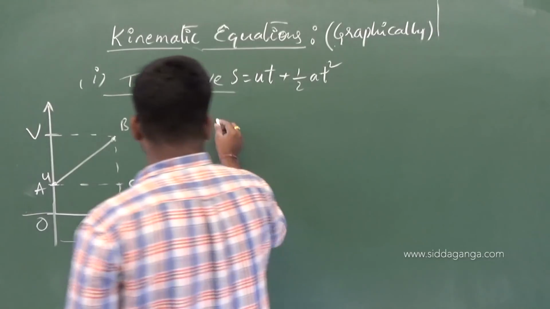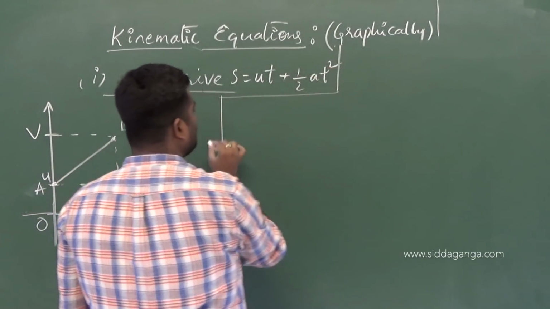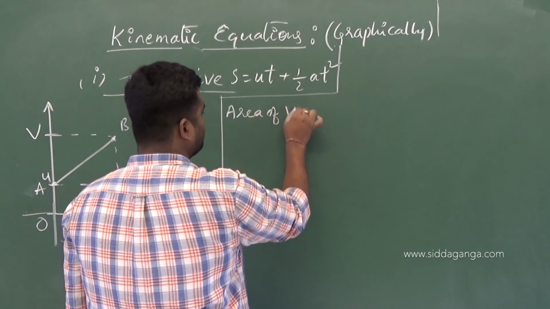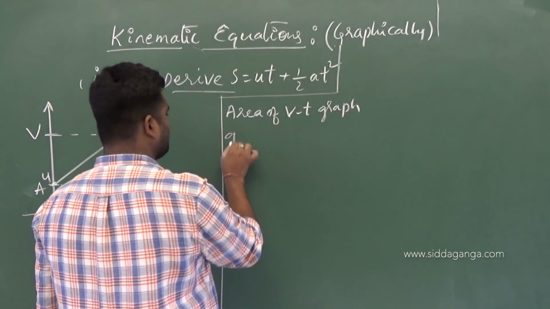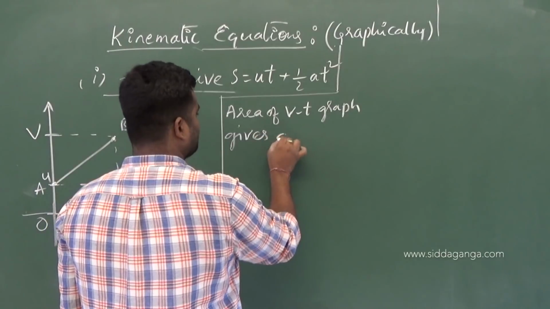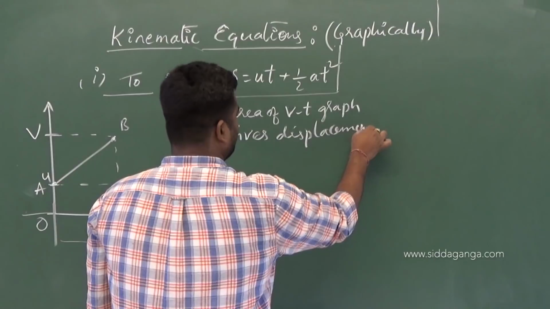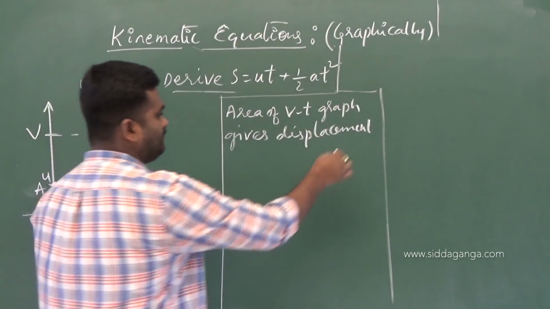So that is a crucial point which you have to mention here. Area of VT graph gives displacement. Okay.